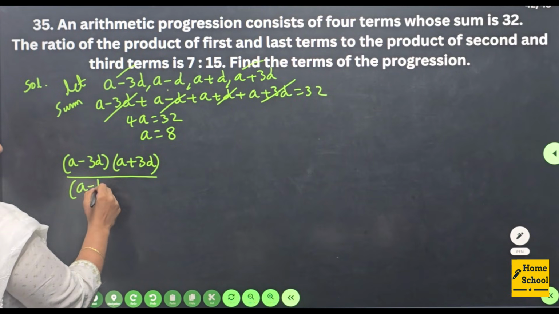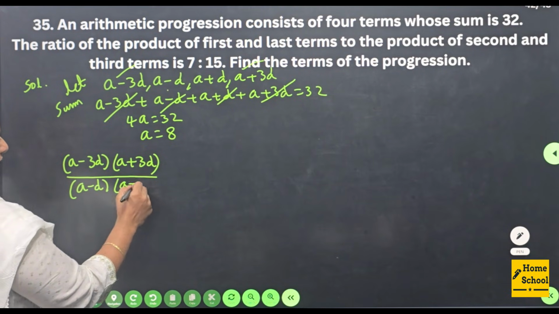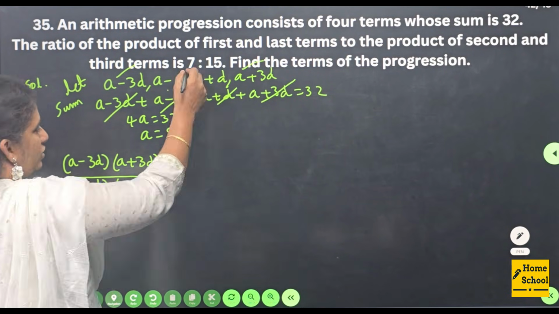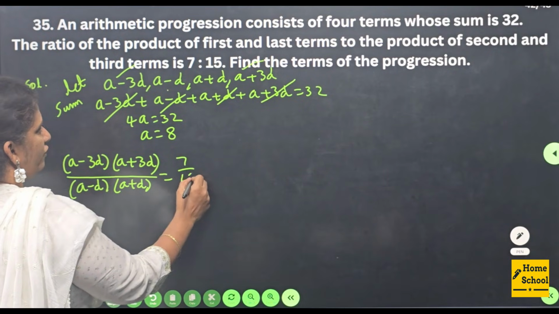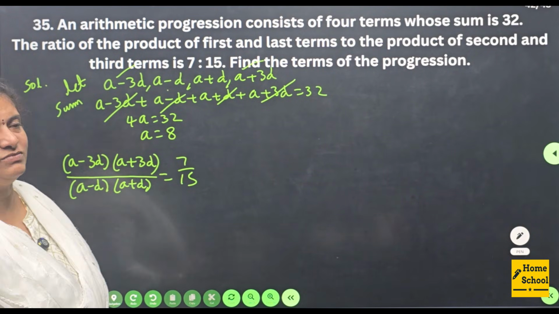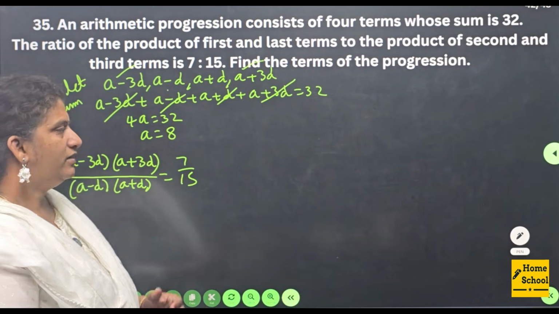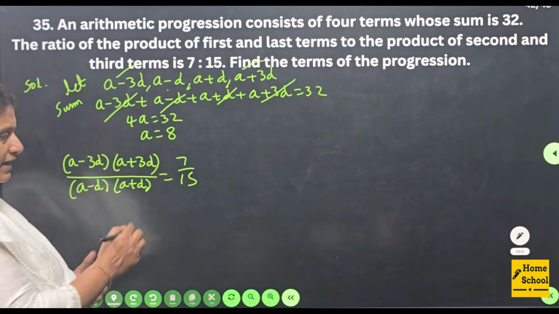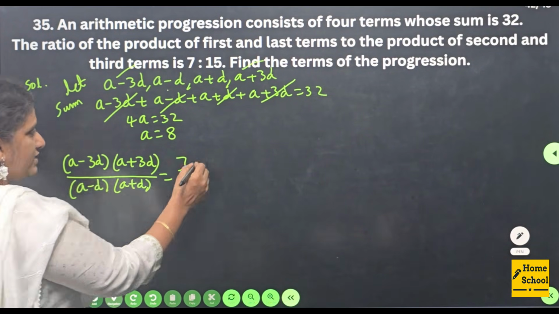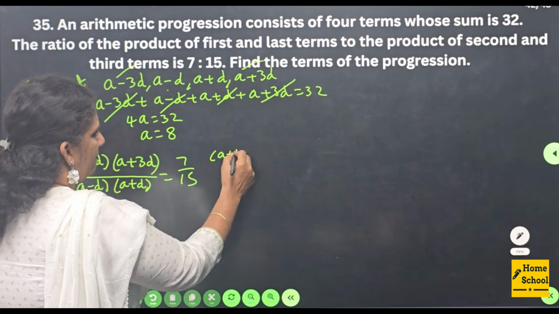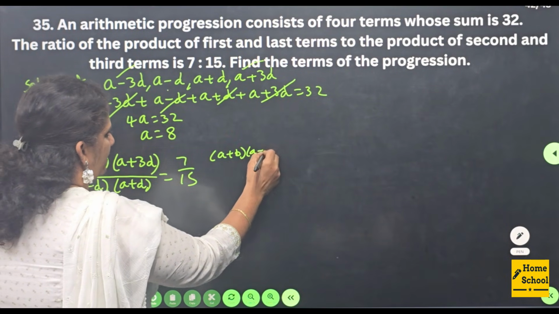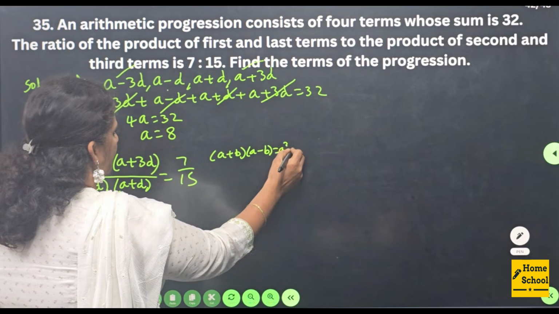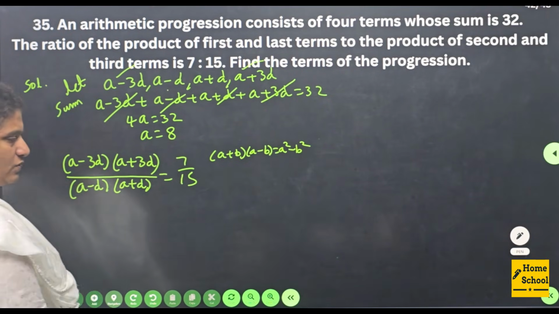What do you have for the second and third term? a minus d into a plus d is equal to 7:15. Find the terms of the progression. Observe carefully, I can see a formula. What is that formula? a plus b into a minus b is equal to a square minus b square.